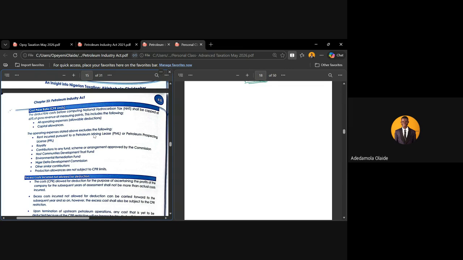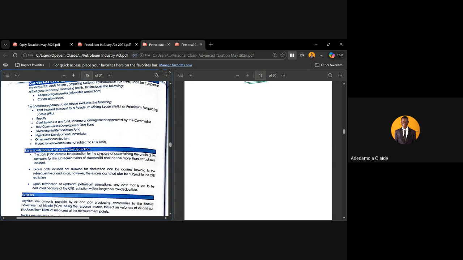So if we do this CPR limit and there is a difference, once we do the CPR, if what we get using CPR is lower than our expenses, we can only take as much as that CPR as allowable expense for that year.